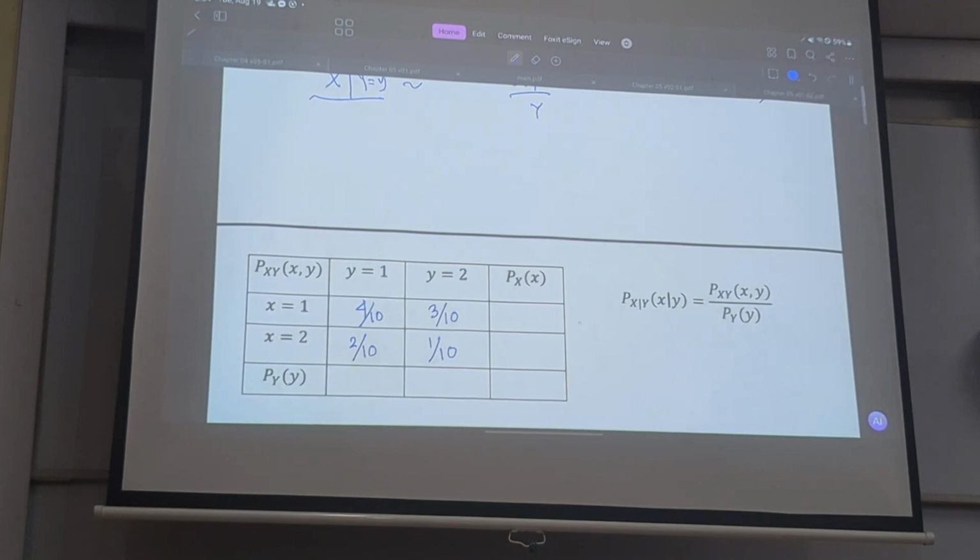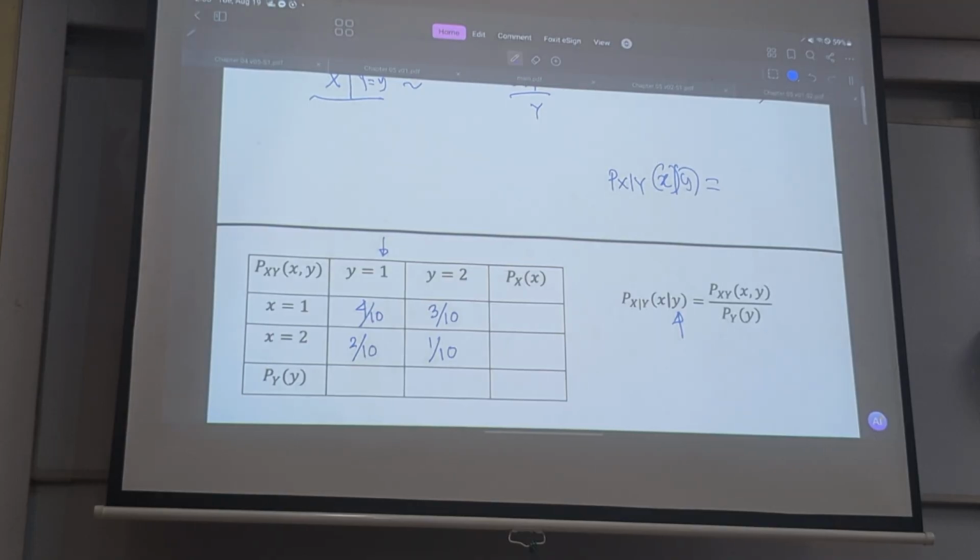Now, can we calculate the conditional PMF of x given y? The conditional PMF of x given y will be what? We need to first fix what? y. Let's say y is 1.